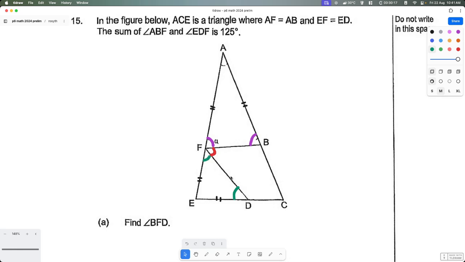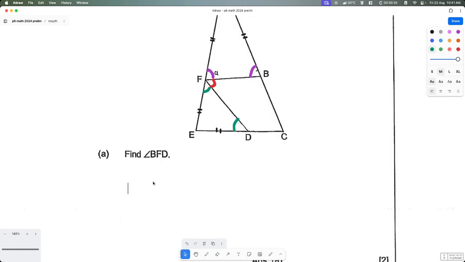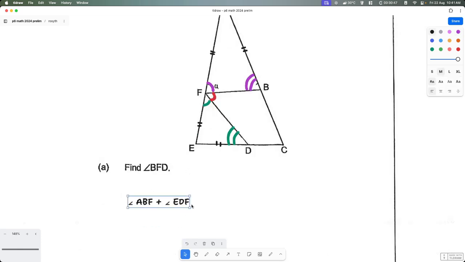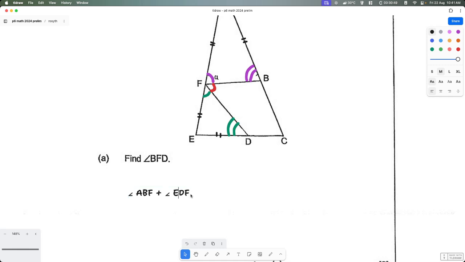So angle ABF plus angle EDF, in this black color, are the same. Let me put marks so you know which angles are the same. Since the sum is equal to 125.